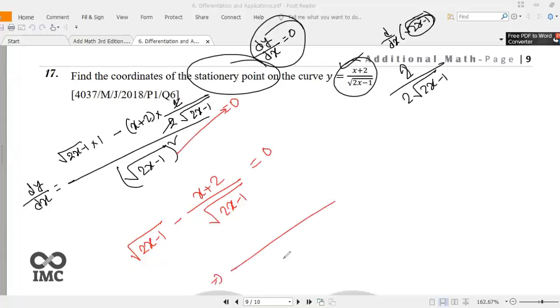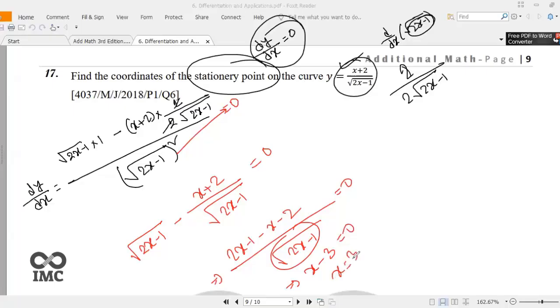Then do the LCM. So root over (2x minus 1), this one will be multiplied by this one, so we'll get 2x minus 1 minus into (x plus 2) will be minus x minus 2 equal to 0. Now 2x minus x, minus 1 minus 2 is minus 3. This one will be multiplied by 0, so it will be 0. So x will be 3.